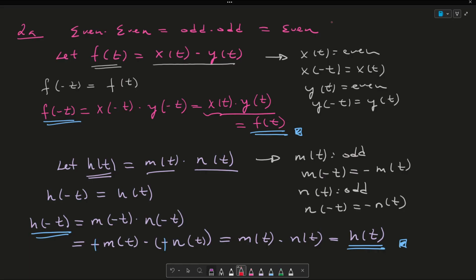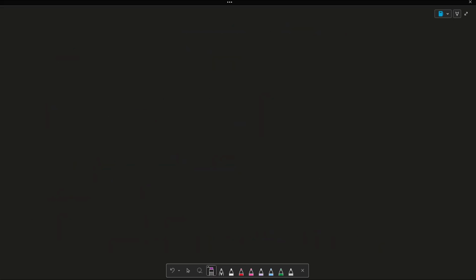And again, mnemonically, you could think about it as a plus times a plus, or an even times an even, will always equal an odd times an odd, which is always going to be equal to an even function, or a plus.